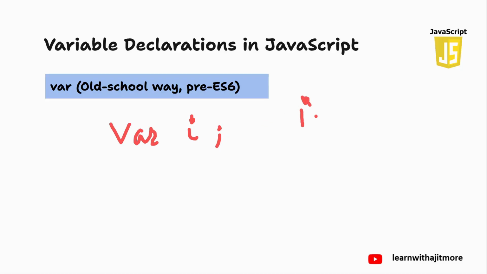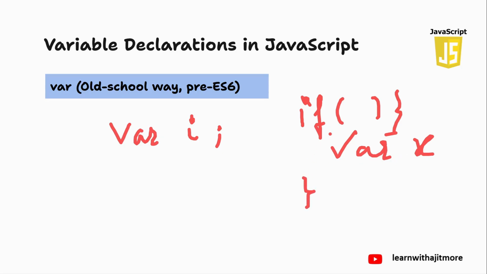Understanding? Like I'm creating an if block, and inside the if I'm writing var x. It is not going to create this variable x for the if level. And the if block scope is not there. Its scope is at function level, minimum. Minimum scope is function level and then the entire script level. Getting? So you cannot have block level scope using var.